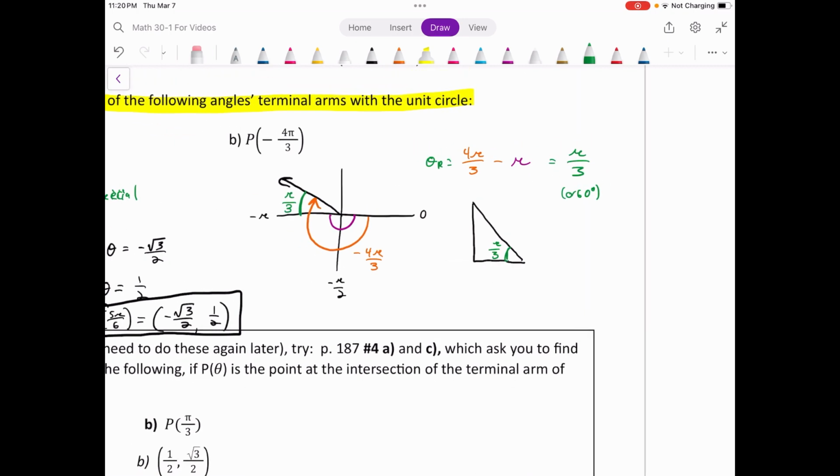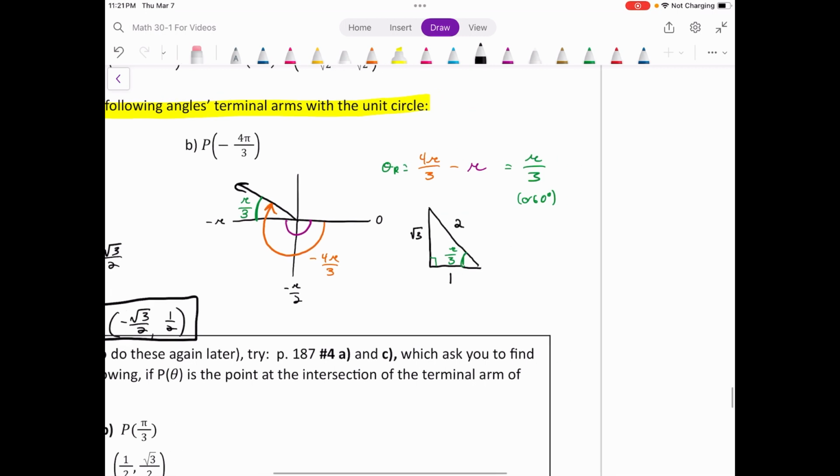So this is our 30, 60, 90 triangle, or our pi over 6, pi over 3, pi over 2 triangle. Root 3 we know goes with the 60-degree angle's opposite side, so this side is root 3. This is 1. The hypotenuse is 2.